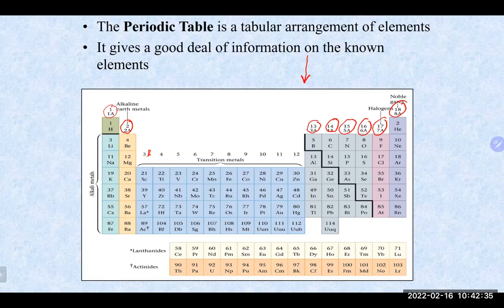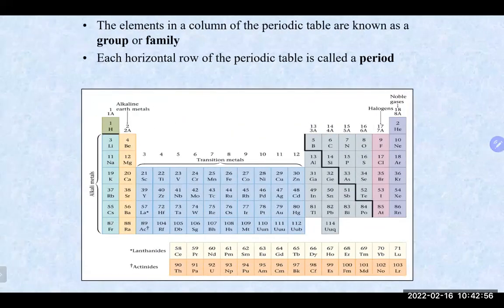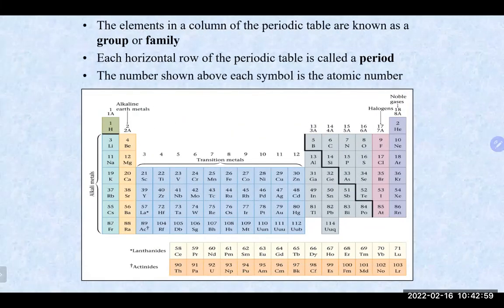So we usually use that A numbering, which is what is referred to as a representative numbering when we're talking about groups, which go up and down on the periodic table. So a group, or if you're old like me, maybe you call it a family still. Most people don't call it families anymore. Most people do call them groups.